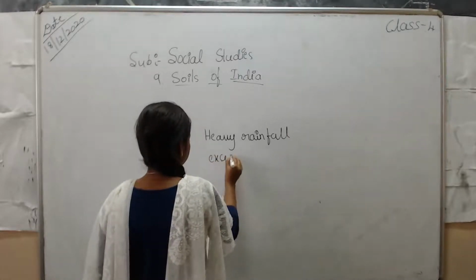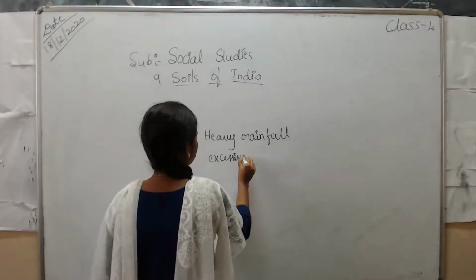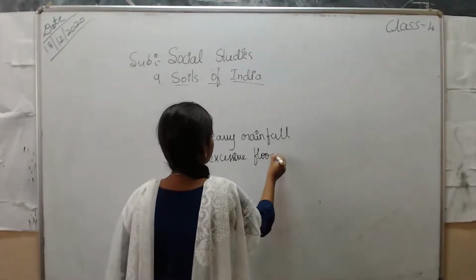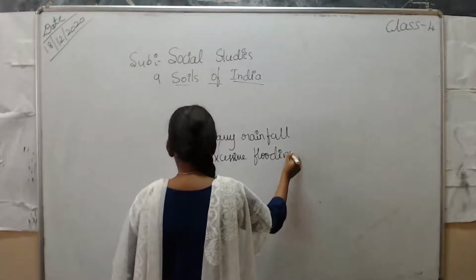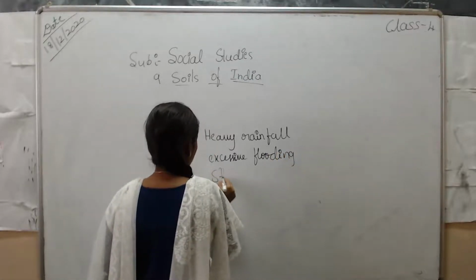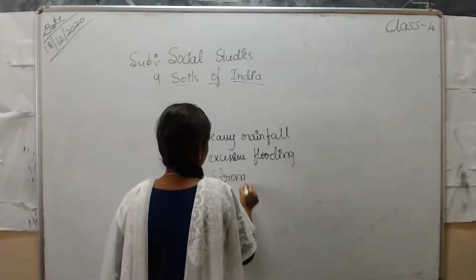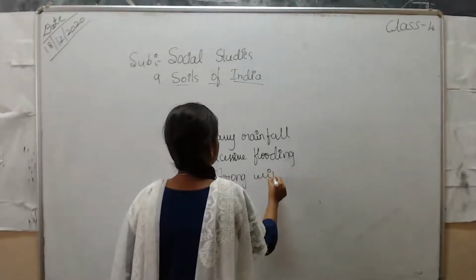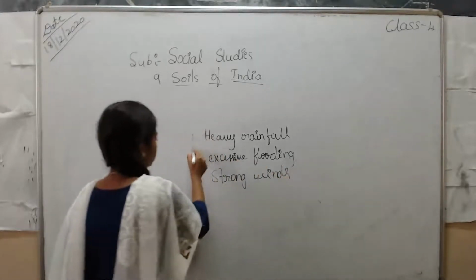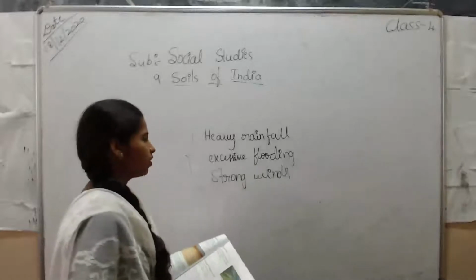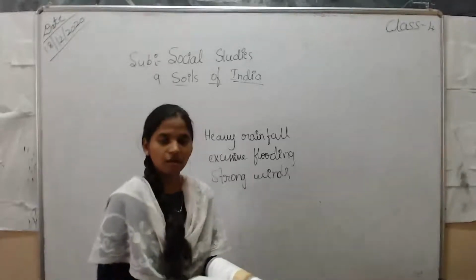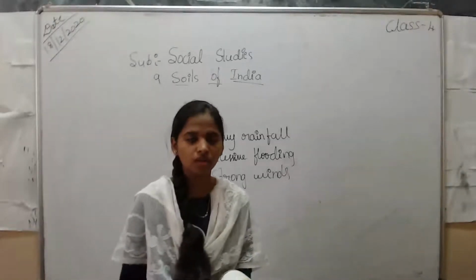Then strong winds. So all these three factors affect soil erosion. They are the major causes of soil erosion.